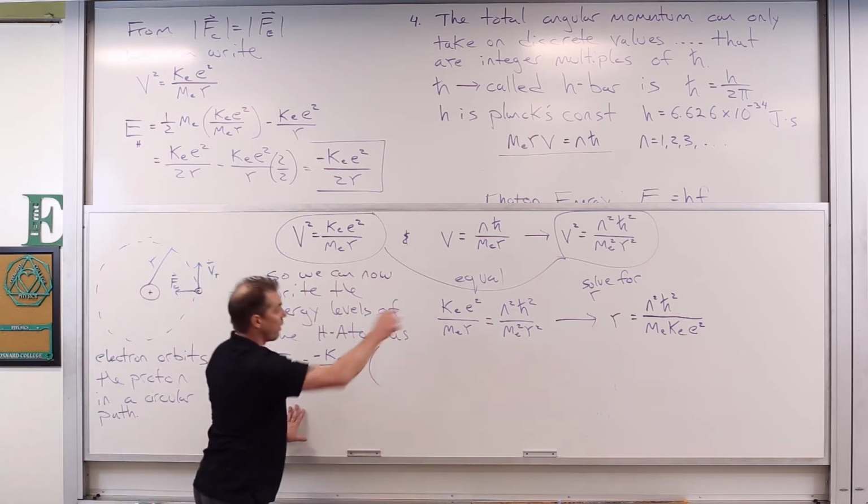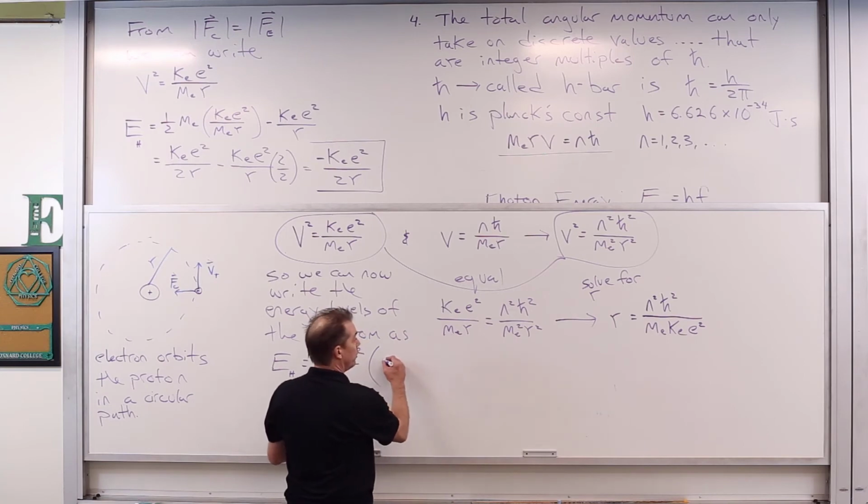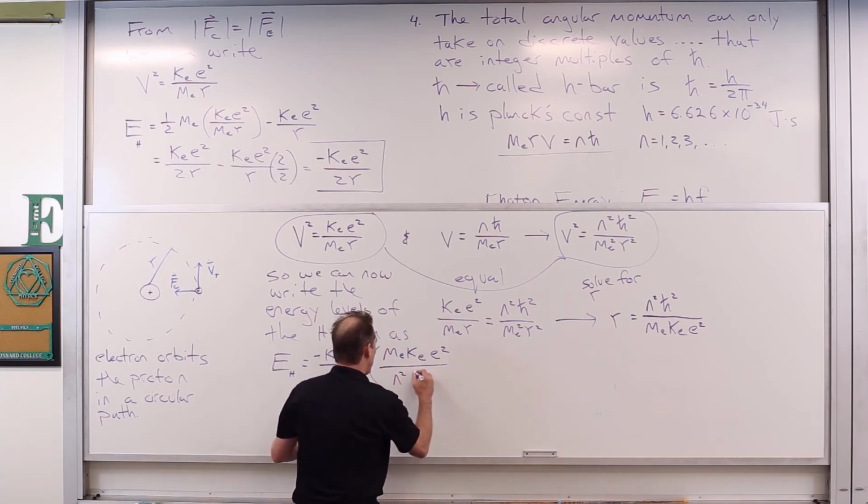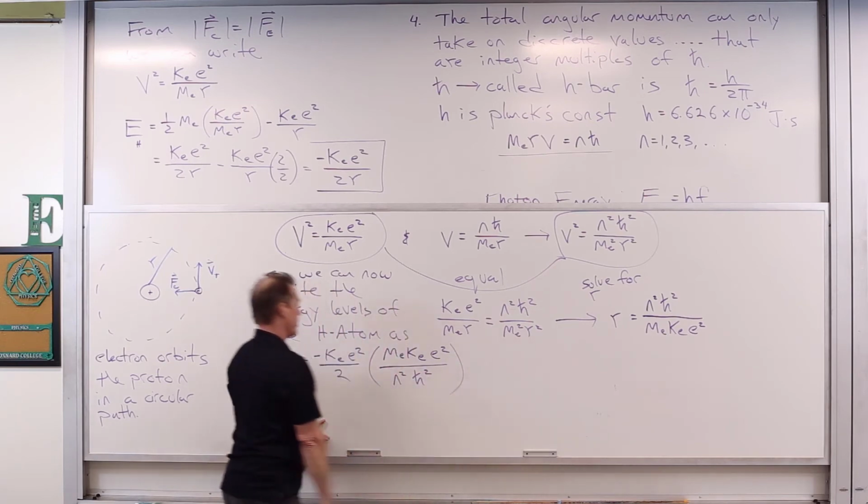So 1 over r is going to be equal then to m sub e, k sub e, e squared divided by n squared h bar squared.